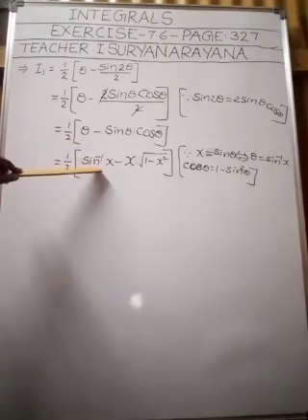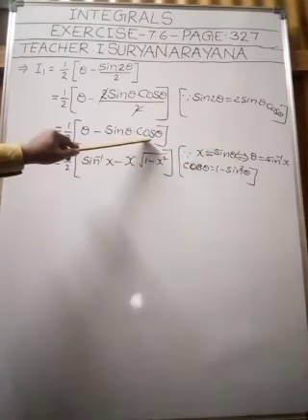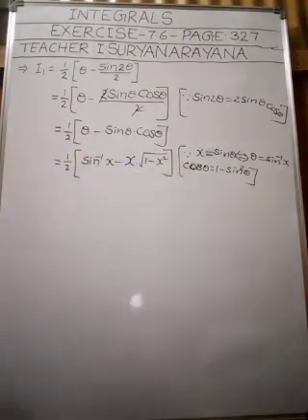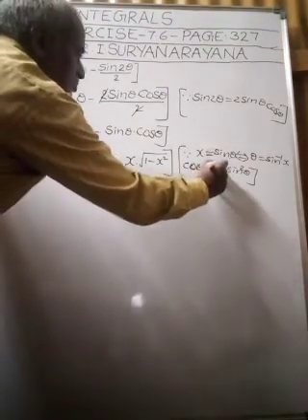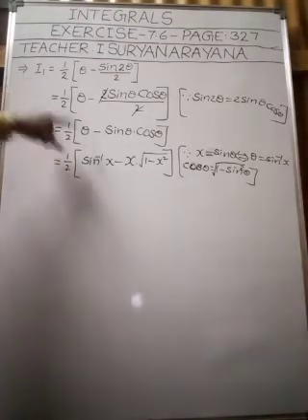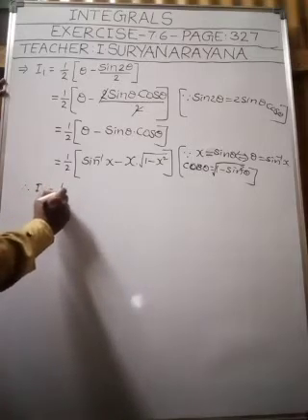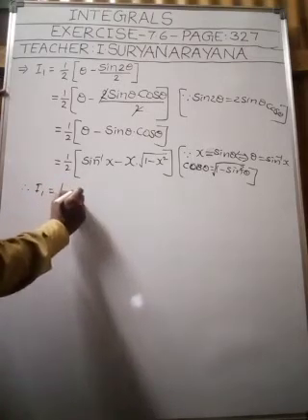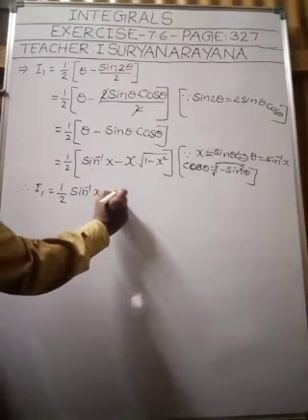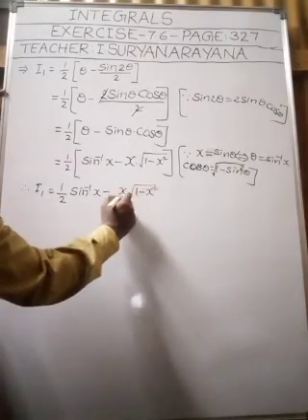Understood? Minus sin theta means x, into cos theta means root of 1 minus x square. This is the I1 value. Therefore, I1 is equal to 1 by 2 sin inverse x minus x root of 1 minus x square by 2.